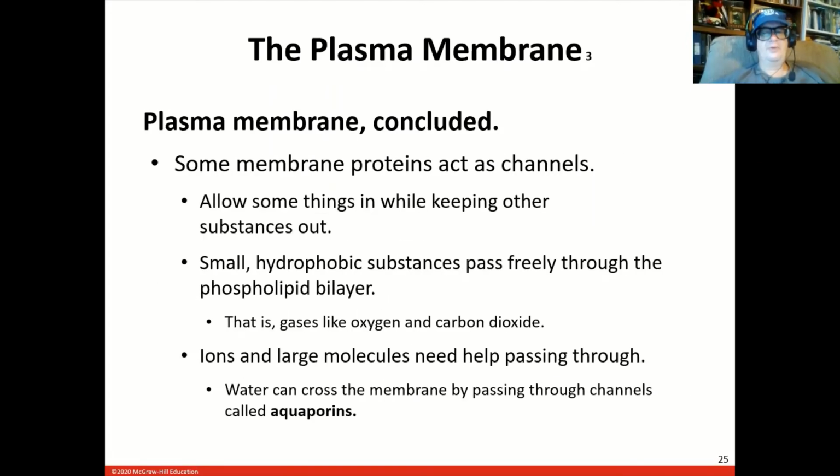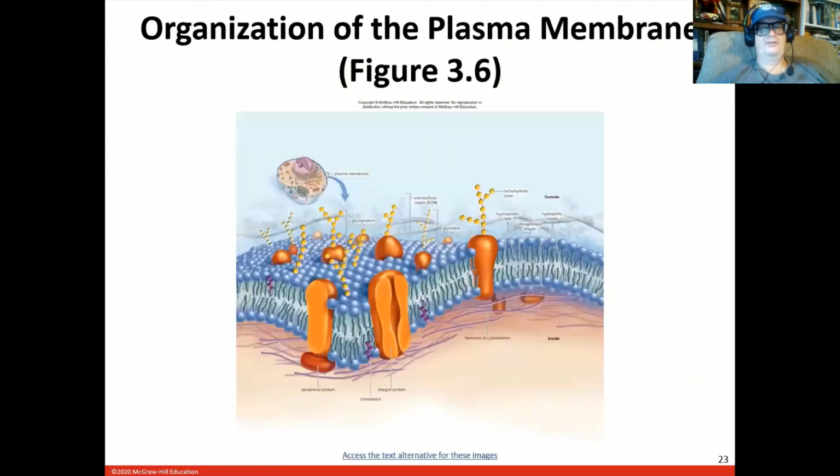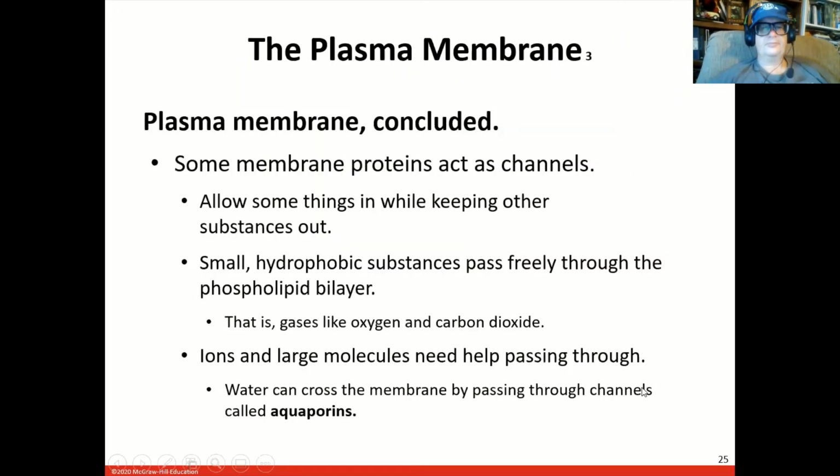So the plasma membrane has some transmembrane proteins that act like channels. You have a drawing of one right there. And they will allow some things in but keep other things out. A lot of this is based on the charge and the size. Obviously, if a molecule is too big, it can't fit through a narrow channel. So some things will get through because they're small enough to, and others can't.